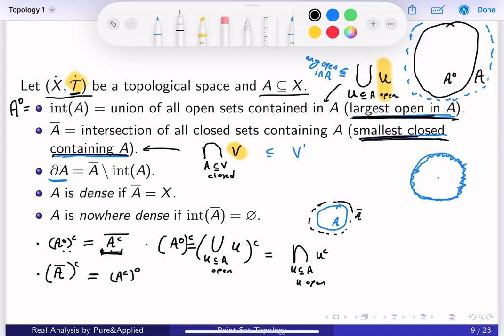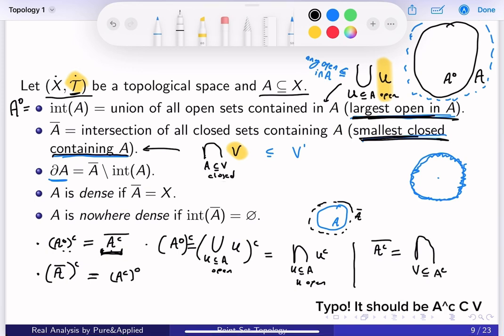Then we want to show that this is the same as this thing. So let's write that here. What is a complement closure? By definition, the closure is the smallest closed set containing the complement. In other words, it's the intersection of all the V's containing the complement such that V is closed.